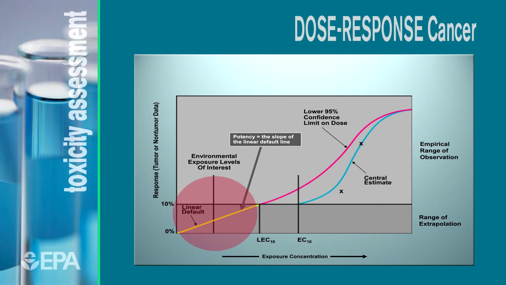Then we draw a lower level confidence level over the line, usually a 95% lower confidence level. At a point of departure at the lower end of the 95% confidence level, commonly a point where only 10% of the animals are responding, we draw a straight line to 0. The slope of this line becomes our dose response value for this chemical.